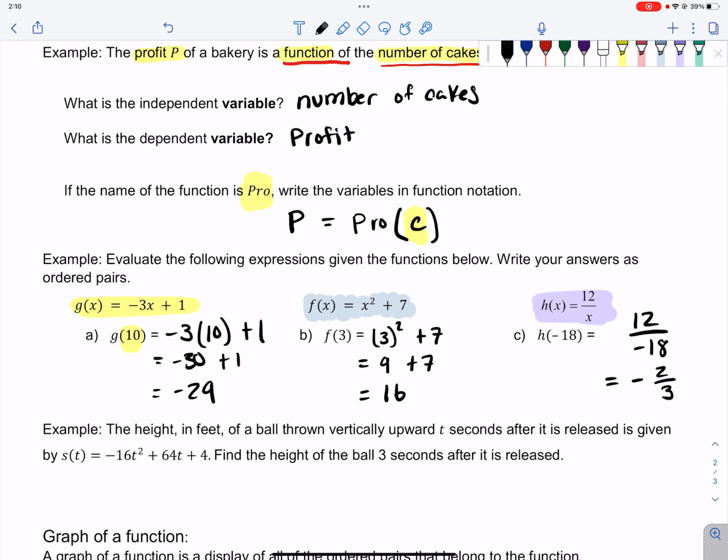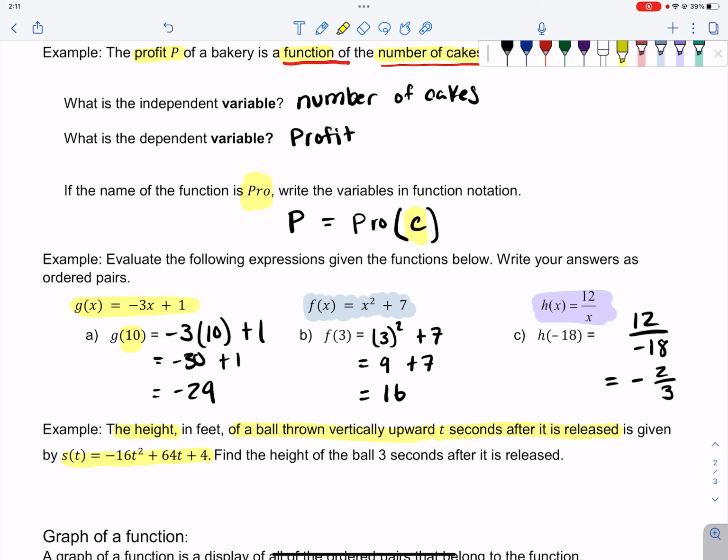And then our last example here with evaluating a function is we are told that the height in feet of a ball thrown vertically upward t seconds after it's released is given by this equation, s of t equal to negative 16 times t squared plus 64t plus 4.